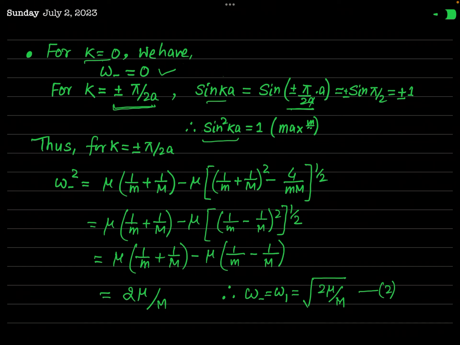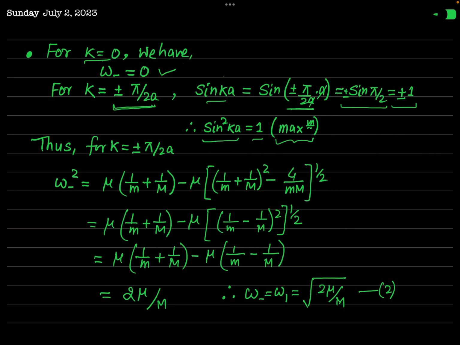Now this a and this a will cancel out, and you know sine minus theta is equal to minus sine theta. So this sine of plus minus pi by 2 can be written as plus minus sine pi by 2, and sine pi by 2 is equal to 1. So this is plus minus 1.